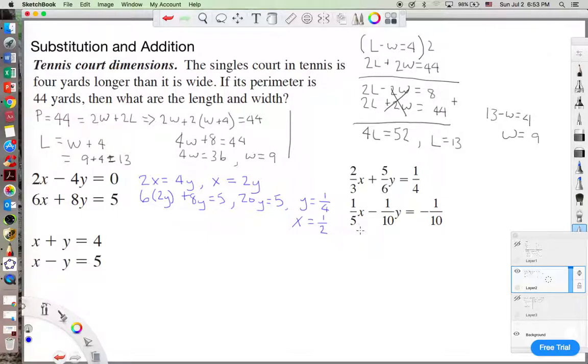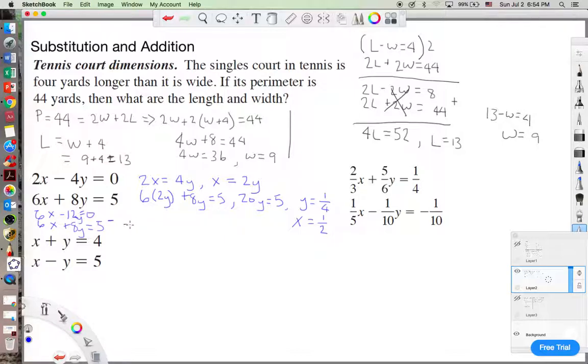Alright, for the addition method, we're going to do as I had originally started. We'll multiply this one by 3. Let's multiply the top by 3. We get 6x minus 12y equals 0. And we get, for the second equation, 6x plus 8y equals 5. Sorry, it's kind of messy. Since the signs are the same, we've got the same coefficient in the x term, then we have to subtract them.